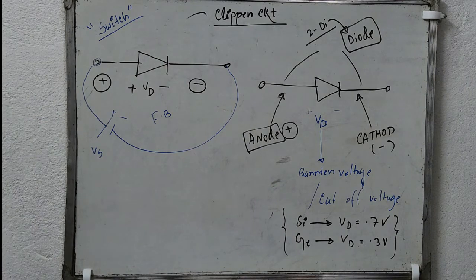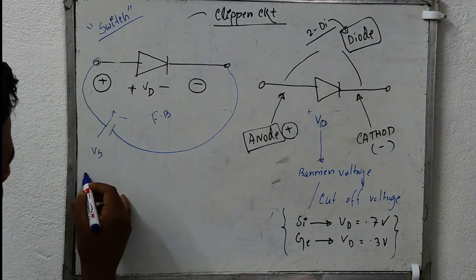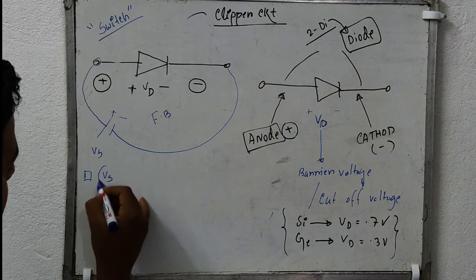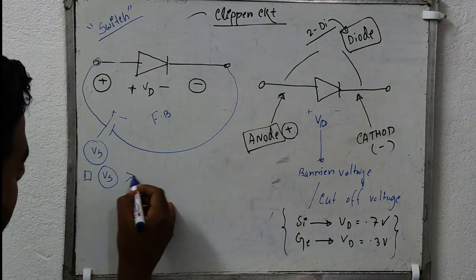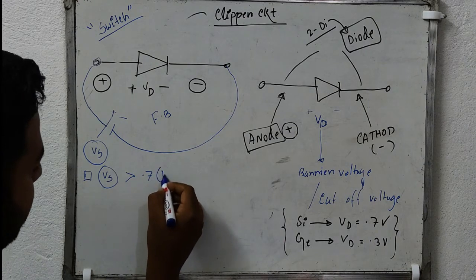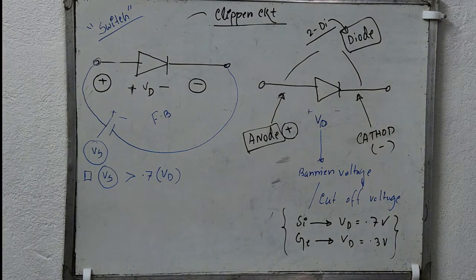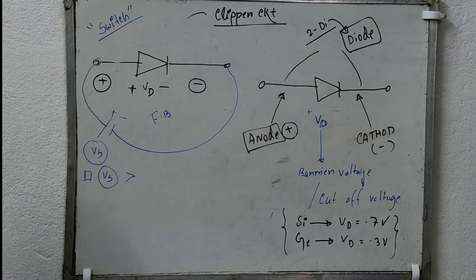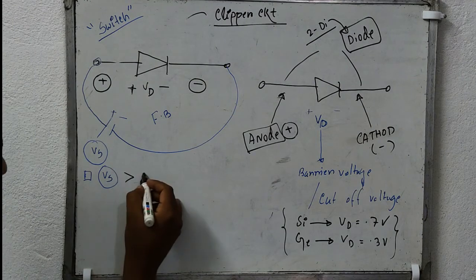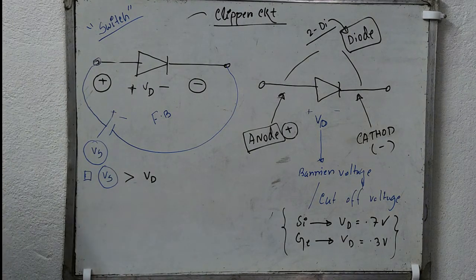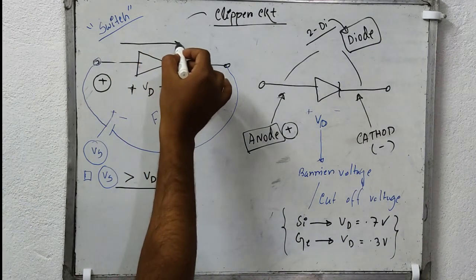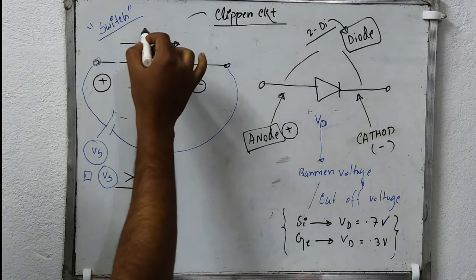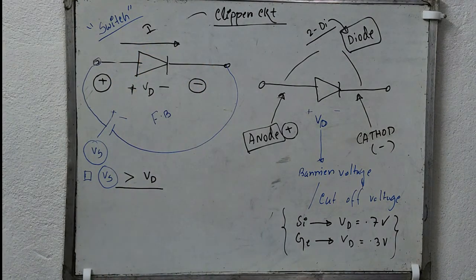If you connect the diode in forward bias and apply a voltage over here, what will happen? If the source voltage Vs is greater than VD, the barrier potential of the diode, it could be 0.7, it could be 0.3, then a finite value of current will start to flow through the diode.